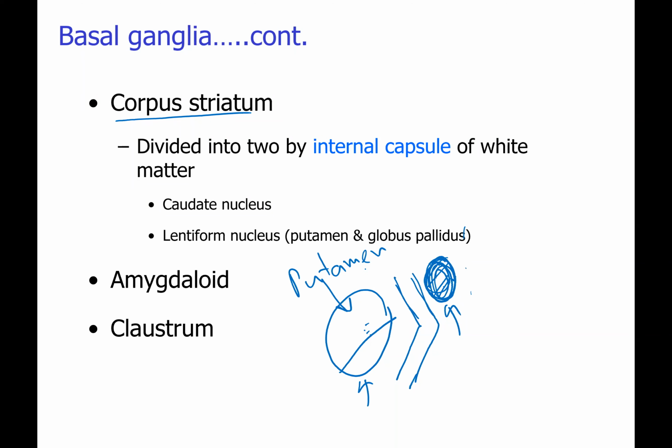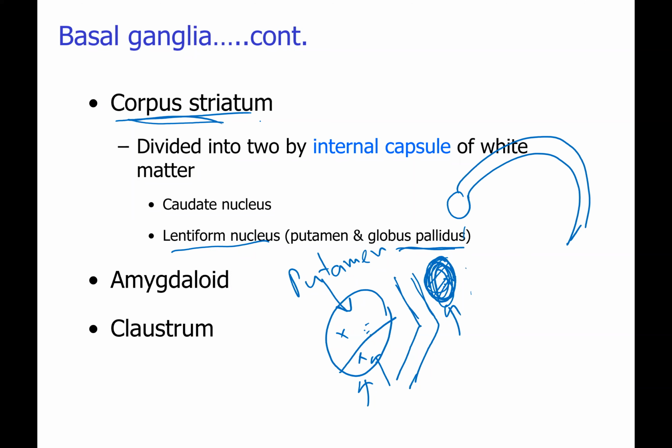And this inner small one is called globus pallidus. So ultimately you have a globus pallidus and a putamen forming what is called the lentiform nucleus. Then you have a caudate nucleus, which is like this, only the head is seen in this view. Very long caudate nucleus. Caudate nucleus and lentiform nucleus together can be called corpus striatum.